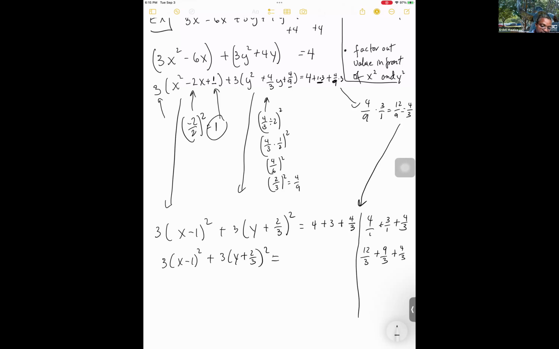I gave each of them a common denominator of 3, so I multiplied by 3 over 3. I am out of spacing. So now I have the common denominators. 12 plus 9 is 21. 21 plus 4 is 25. So that's going to be 25 over 3. Questions there about the fractions?